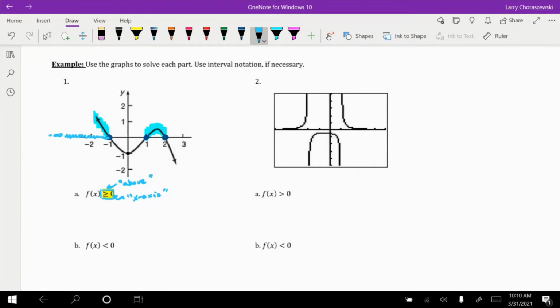So we're going to have to use interval notation to express our answer: parentheses negative infinity, comma -1. And notice that there's a bar underneath the inequality symbol, which means that we can include the zero value of -1. So I'm going to bracket that. What other x values would help us solve this inequality?